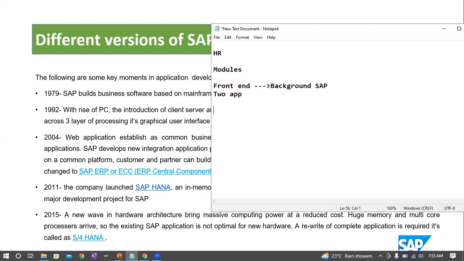Later, in 2004, they came up with something called NetWeaver. NetWeaver is an additional option SAP software provides. From this, you can connect to any third-party systems, any systems other than SAP.